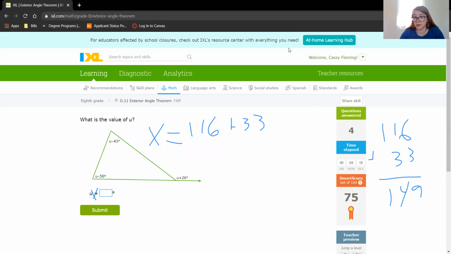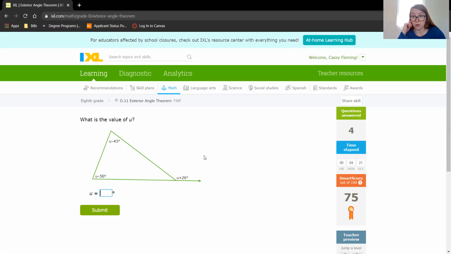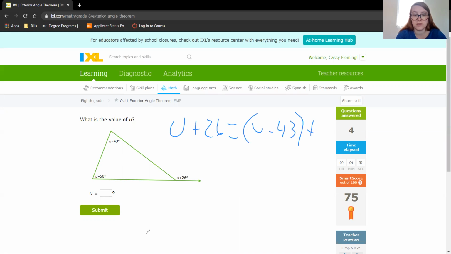I have a teacher account, that's why it lets me do that. So now it's a little more complex. We have multiple variables and multiple angle measurements. It wants to know what u is. So we know that if we take the exterior, it is equal to the two interior that are opposite added together. So we have u plus 26 is equal to u minus 43 plus u minus 50.